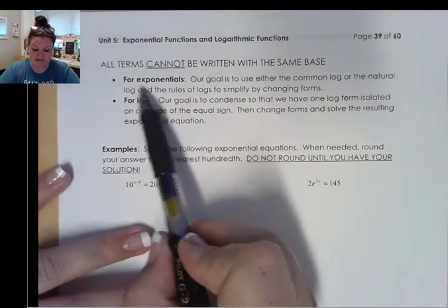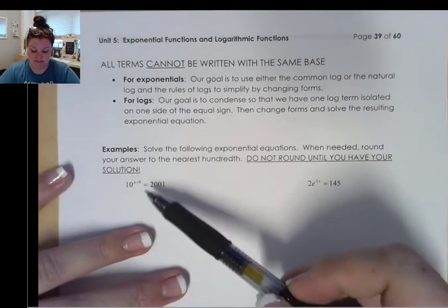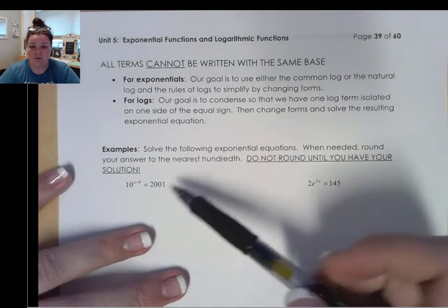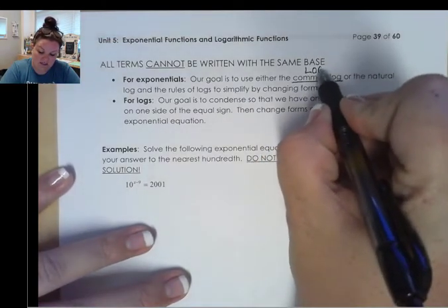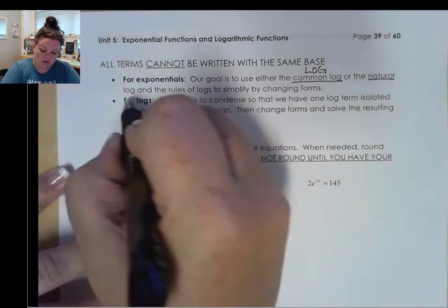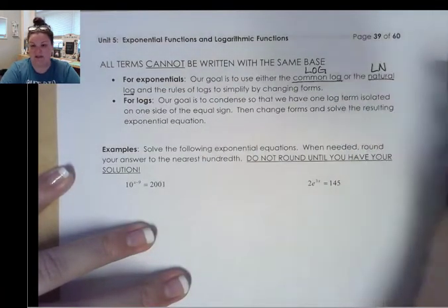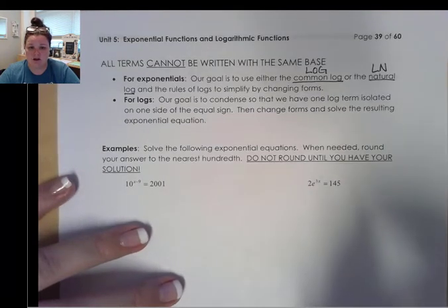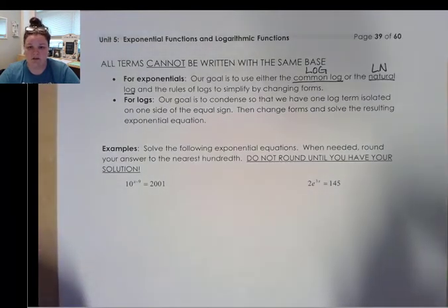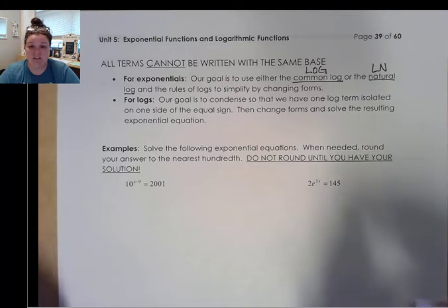So here's our goal when we find ourselves in that situation. If we're dealing with exponential equations such as this, we're going to use either the common log, which is log, or the natural log, which is our ln. It doesn't matter which one you use, but we're going to use that log and the rules of logs to simplify by changing forms.